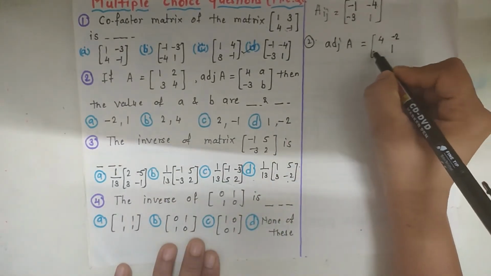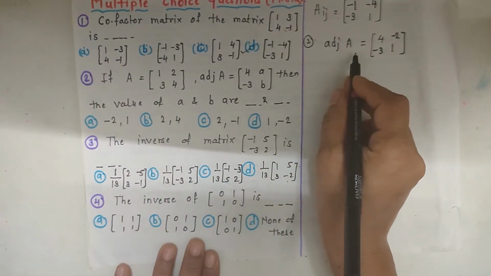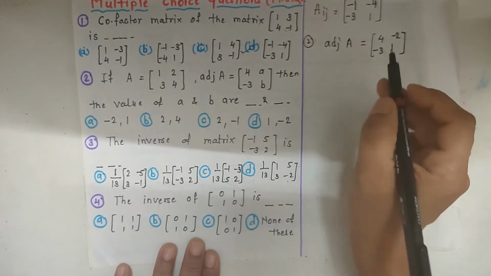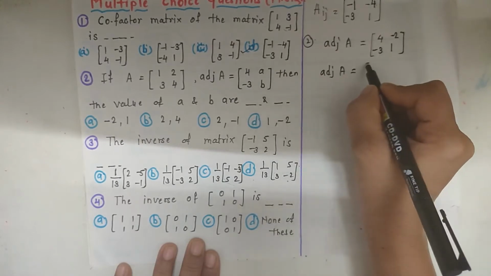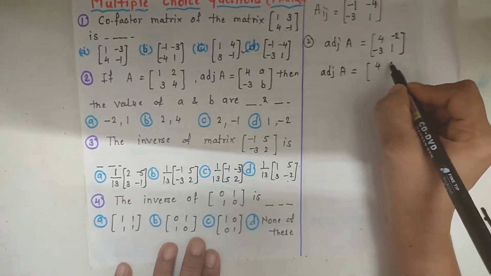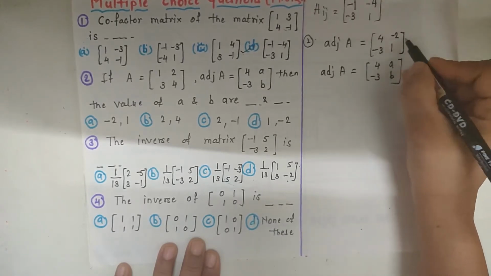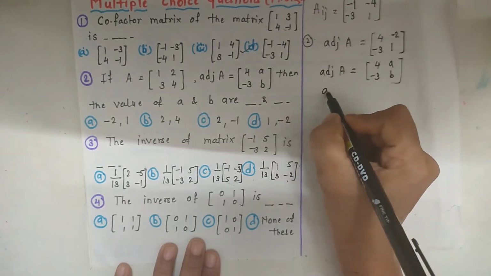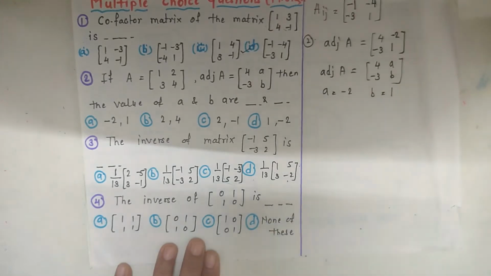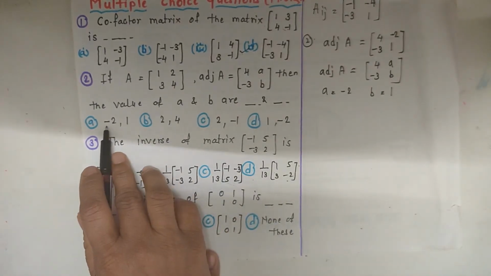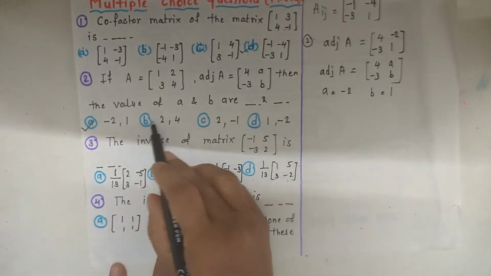So -2 and -3 are the non-diagonal elements in adjoint A. So this is the adjoint A. By comparing the given adjoint A with this matrix, and comparing the corresponding elements, a is equal to -2 and b is equal to 1. So the first option is correct. So a is equal to -2 and b is equal to 1.